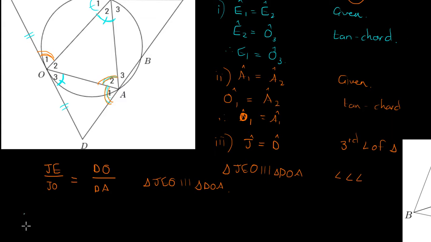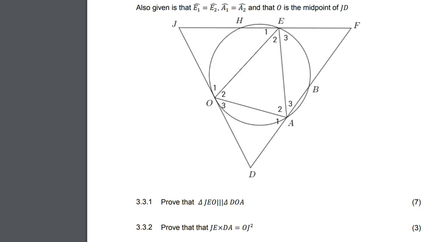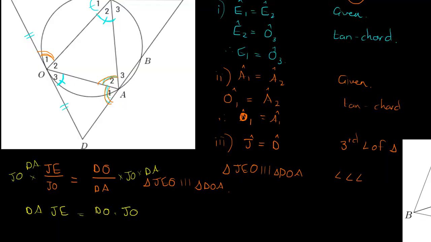Now that we've shown that, we just multiply both sides by JO as well as by DA. So on this side I get DA times JE is equal to DO times JO. Then we see JE times DA.